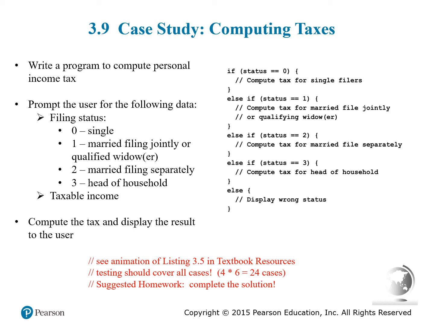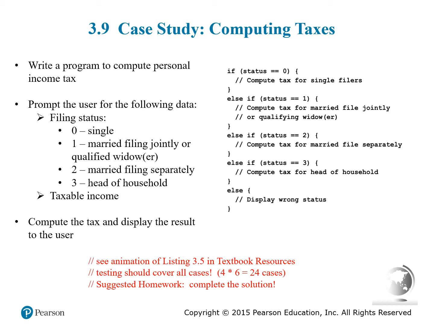Secondly, we must ask for their taxable income. Consider the pseudocode on the right side of the slide. We will use a multi-way if-else statement to check the filing status. Within the multi-way if-else, we will nest an if-else statement that checks the income level and computes the tax accordingly.